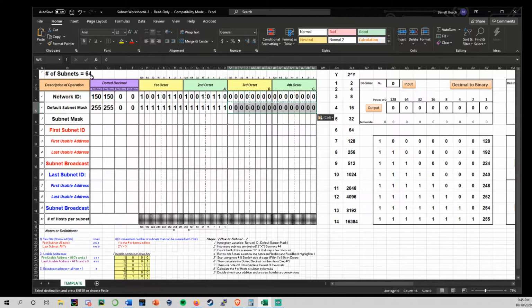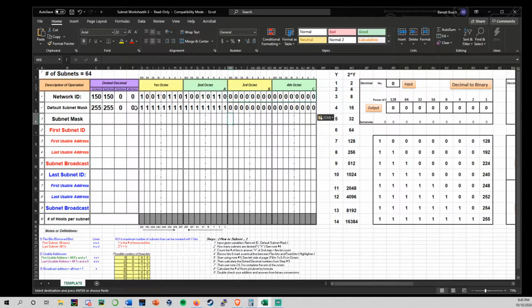We can consult the powers of 2 to determine we need 64 subnets. Well, 2 to the power of 6 is 64. So Y in this case is 6, which means we need to borrow 6 bits.